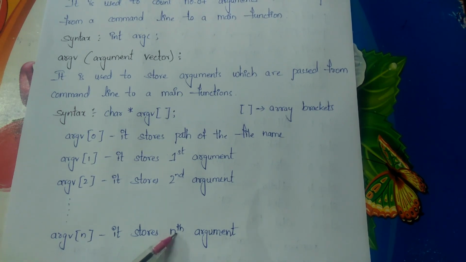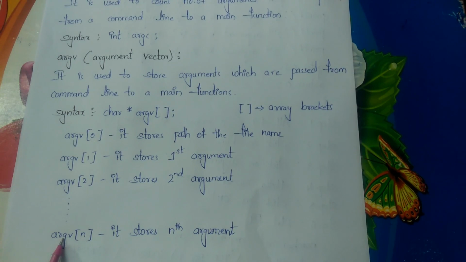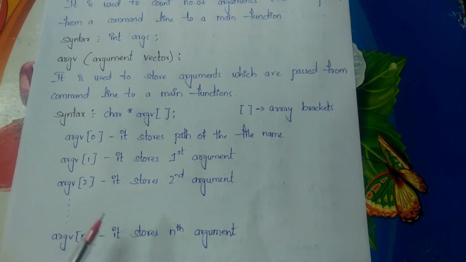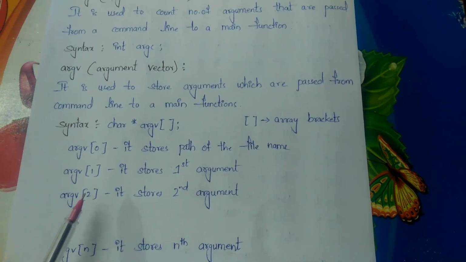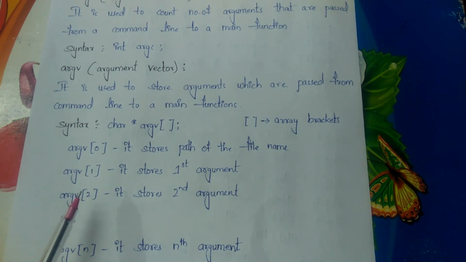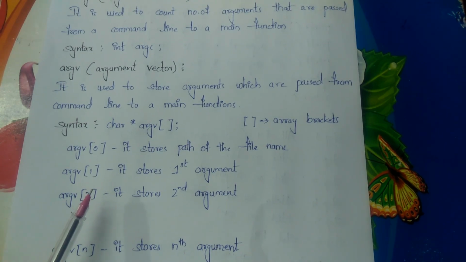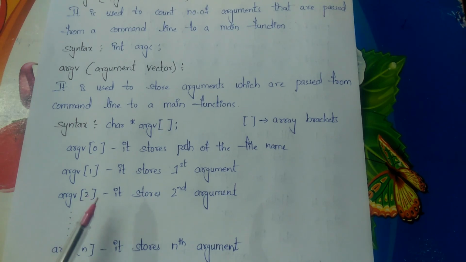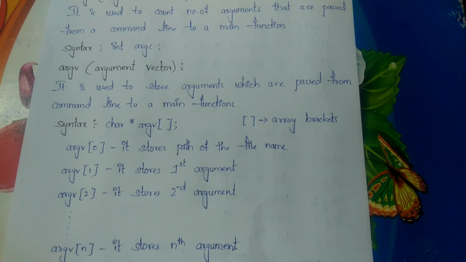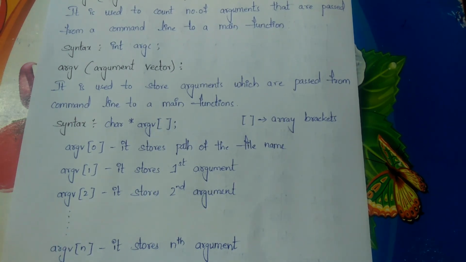If a program has n arguments, then the nth will be stored in argv[n]. So argc we use to count the number of arguments passed from the command line to the main function, and the argument vector argv we use to store those arguments. So this is about the two types of arguments.